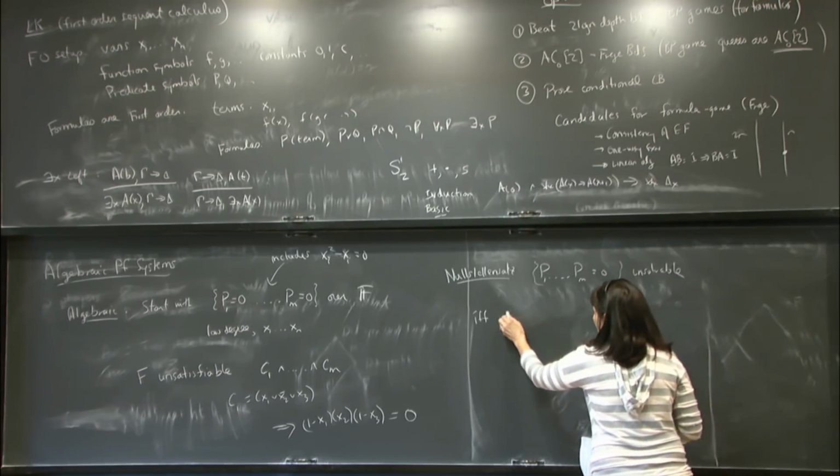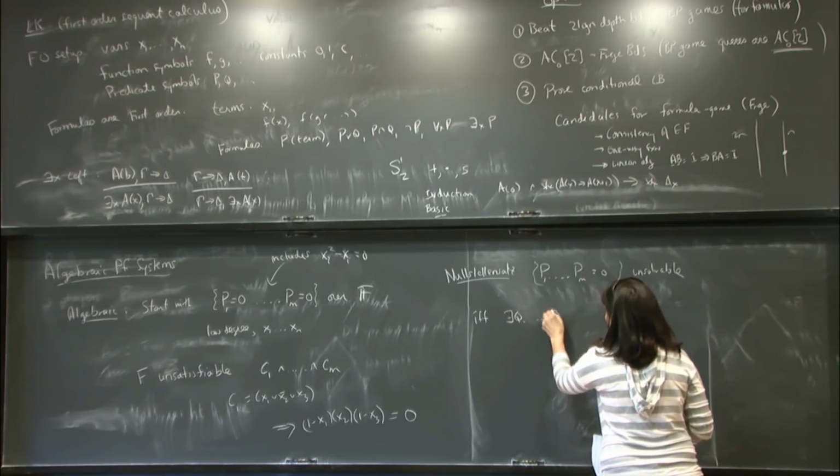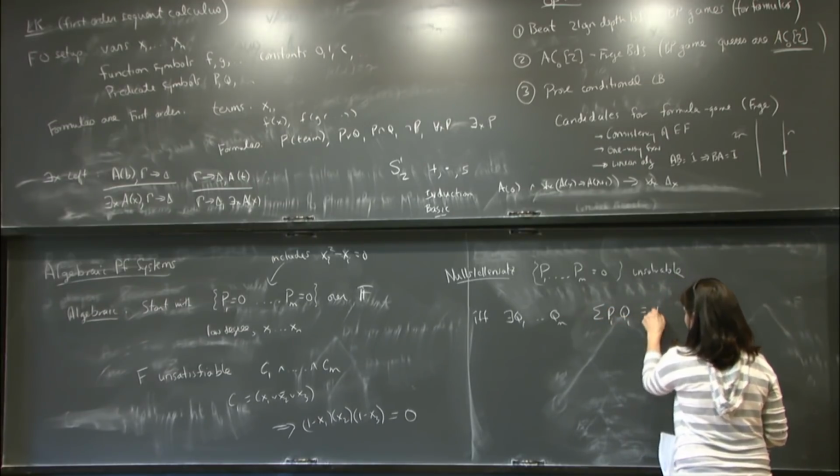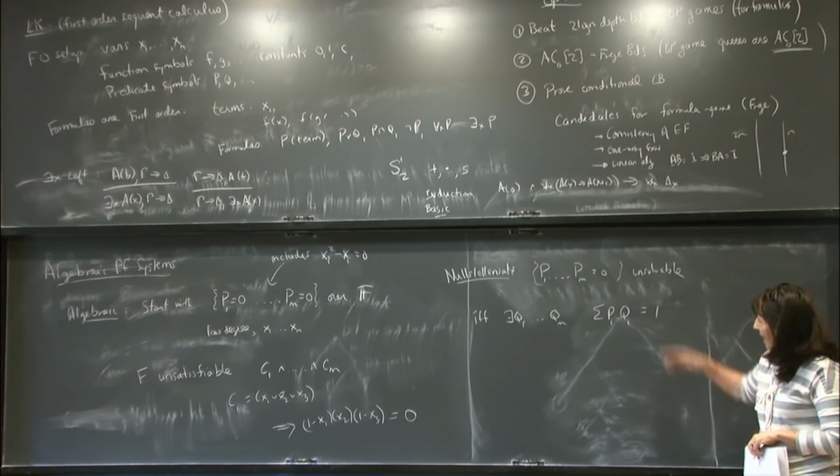In other words, if and only if there exist other polynomials q1 through qm, so that the sum of pi qi, say, is 1.